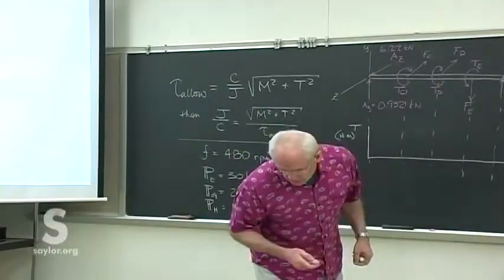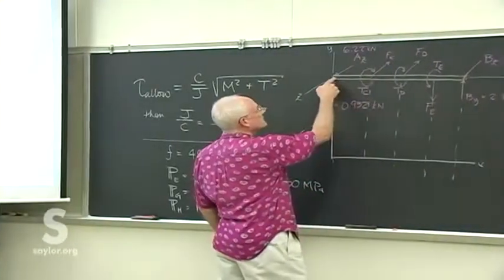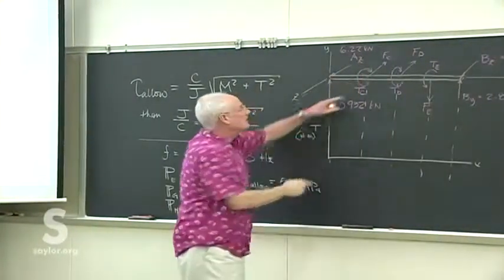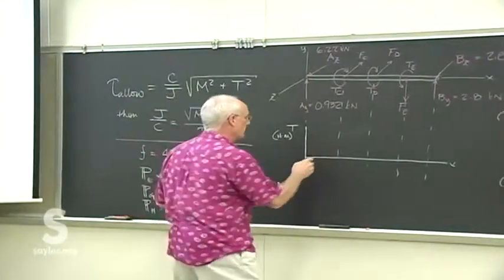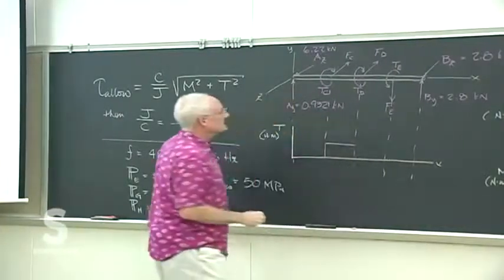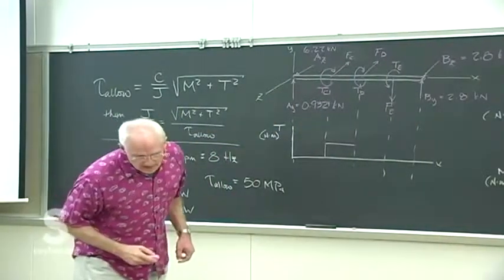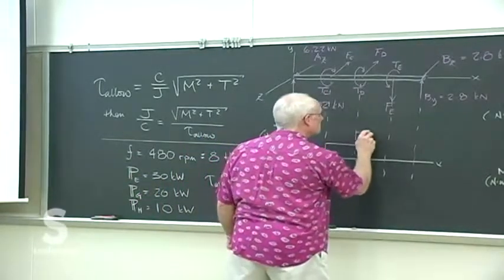So when you look at the torsion in this direction, there's none in this first part between A and C, because point A is just freely turning in the bearing. So we don't have any torsion until the second part. That's 398. Then it jumps up to 597.